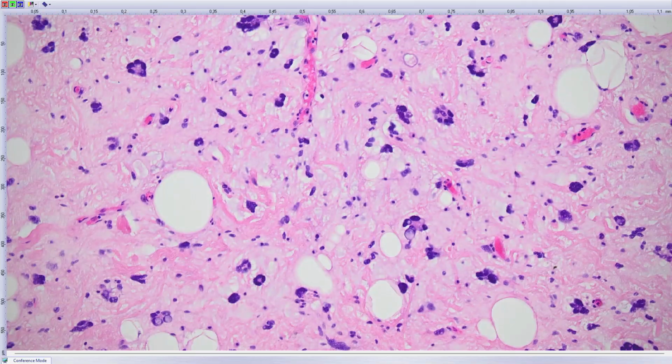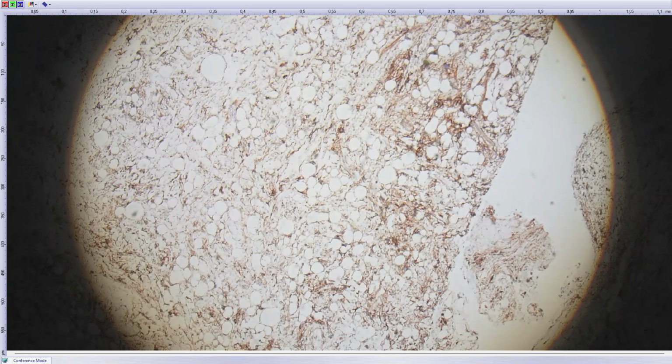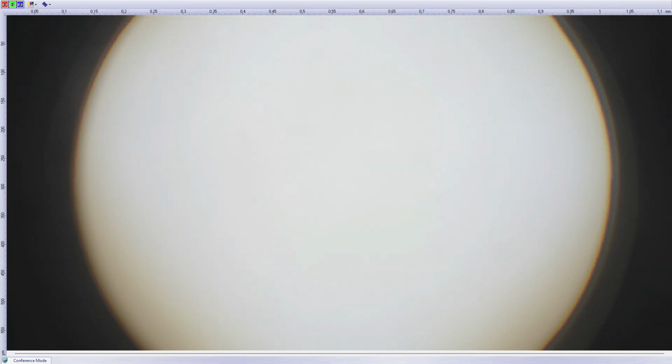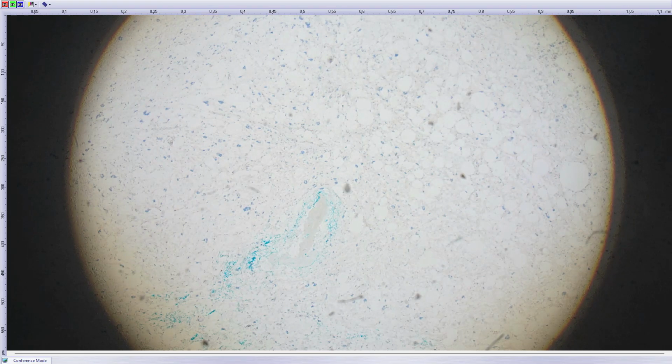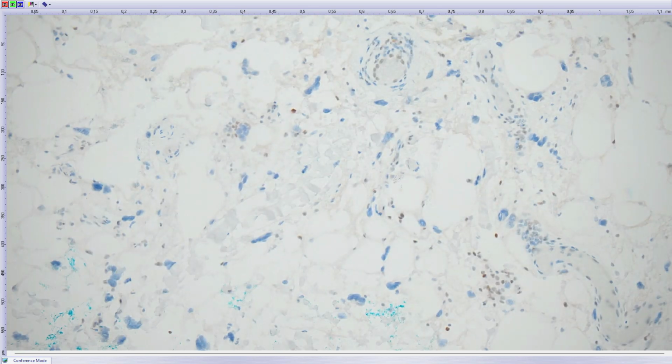And if you wish to perform immunostains for these, you should do CD34, and the lesion is diffusely CD34 positive. And also you can do your retinoblastoma protein study, and get retained expression in some stromal cells, endothelia, maybe some lymphocytes, and loss of expression in the tumor cells.